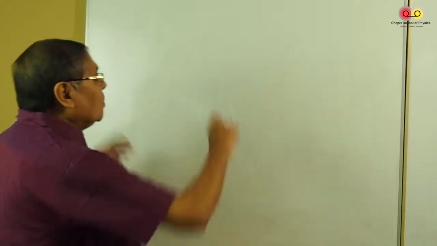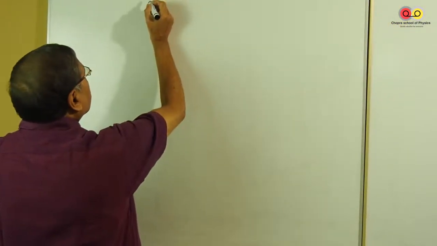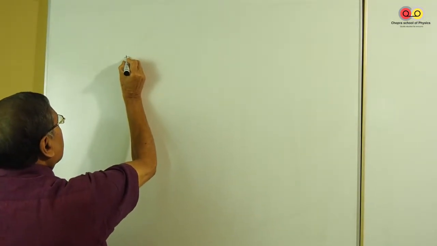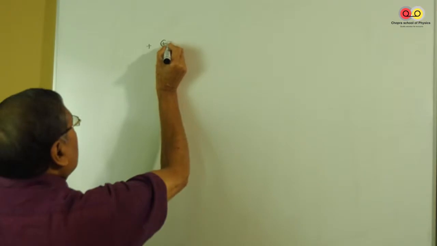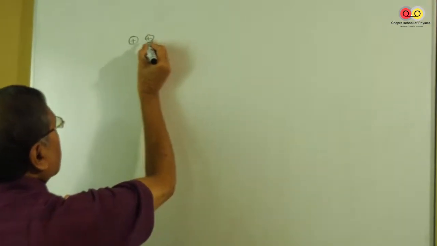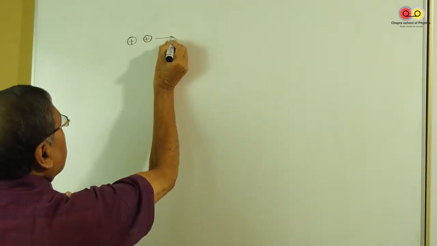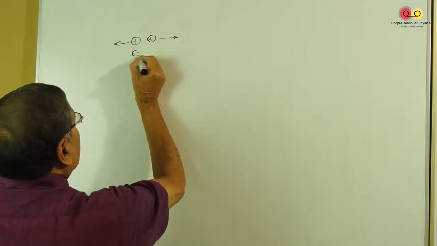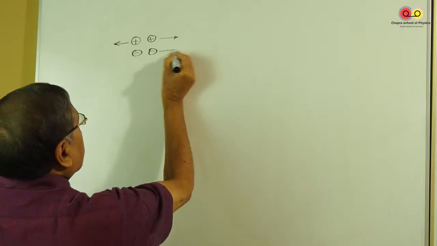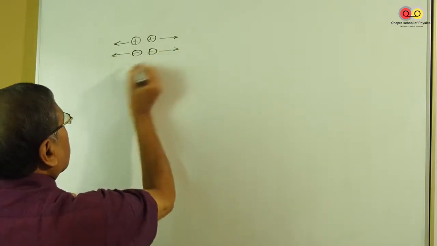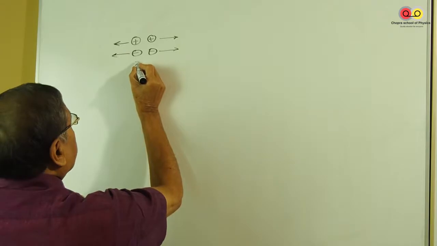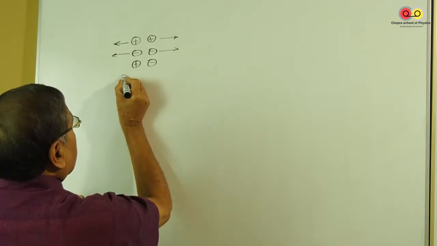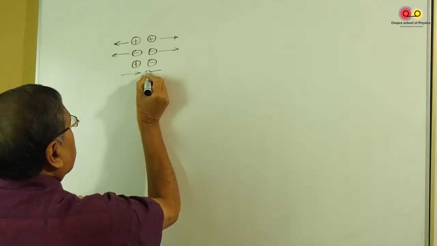So, Coulomb's law states that like charges, like if we take two positive charges, they are quite close to each other, they will repel. So if we take two negative charges, if they are close to each other, they will also repel. But if one is a positive charge and the other is a negative charge, there is a tendency of attraction.